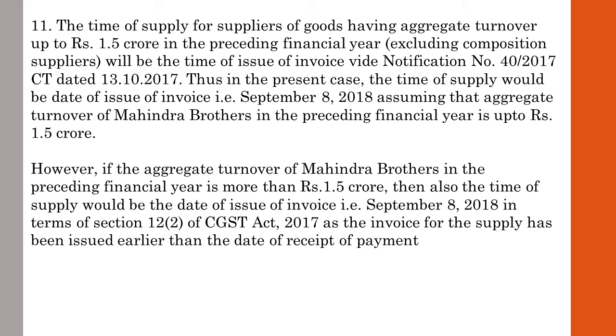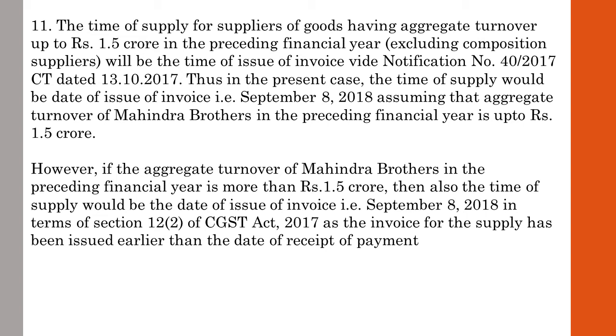Thus, in the present case, time of supply would be the date of issue of invoice. So, September 8th 2019 is considered as the issue of invoice date. September 8th 2019, as the invoice of supply has been issued earlier than the date of receipt of the payment, for that reason we need to consider time of supply as invoice date, that is September 8, 2019.